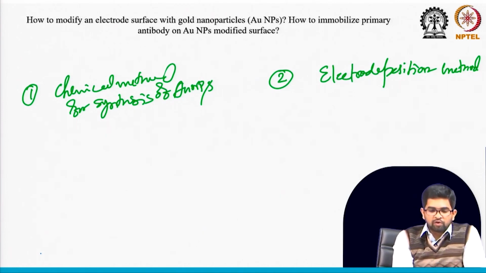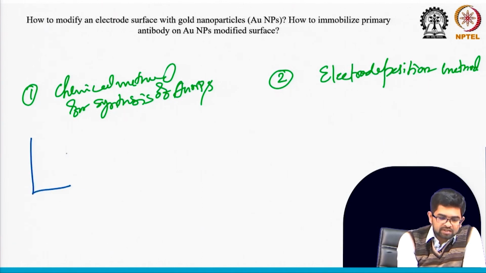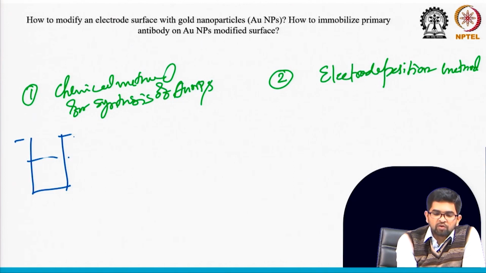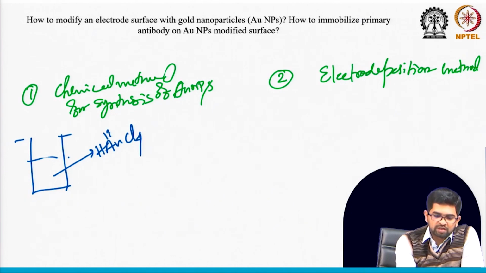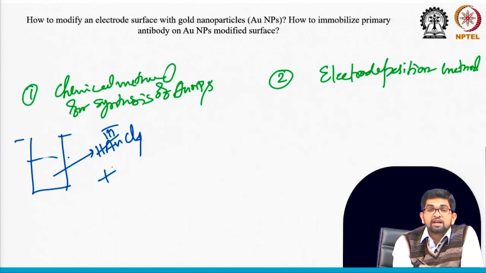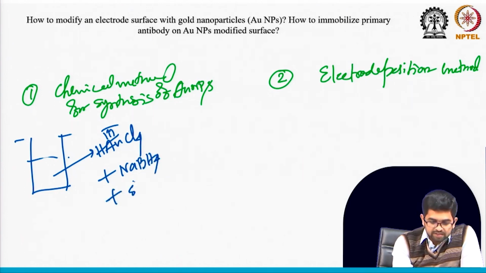So, the chemical method, what will you say? You will synthesize gold nanoparticles in a beaker or a test tube. How will you synthesize them? You have to use HAuCl4, a gold salt, and a reducing agent, suppose sodium borohydride, plus a stabilizer. Why do you need a stabilizer?